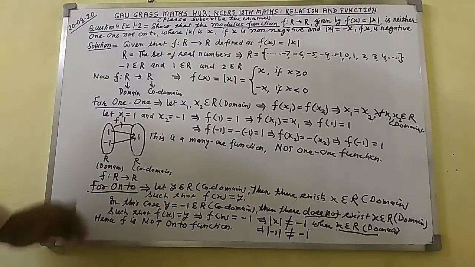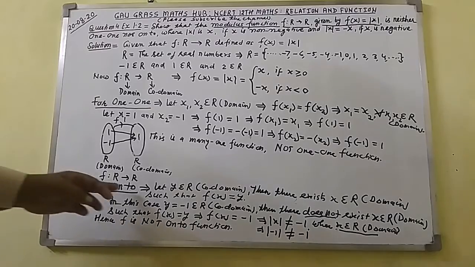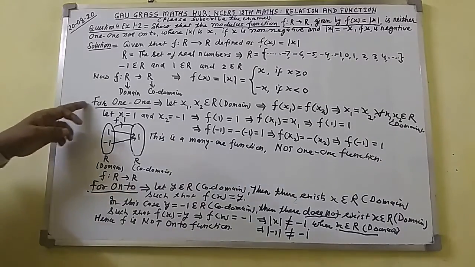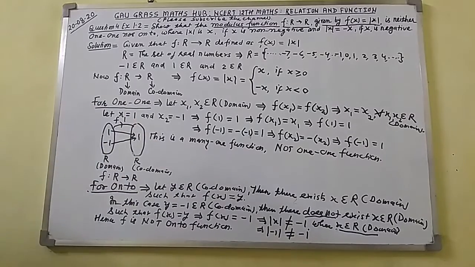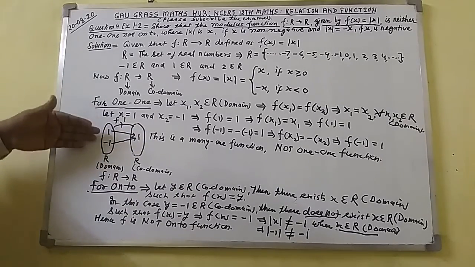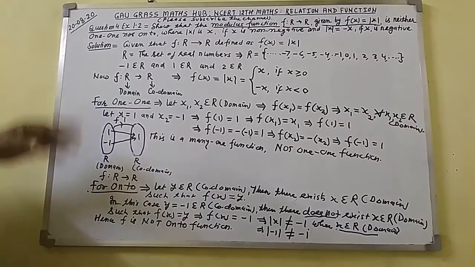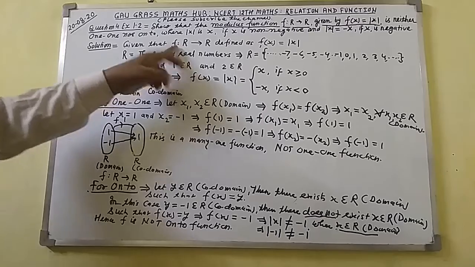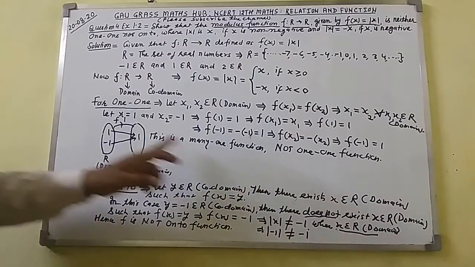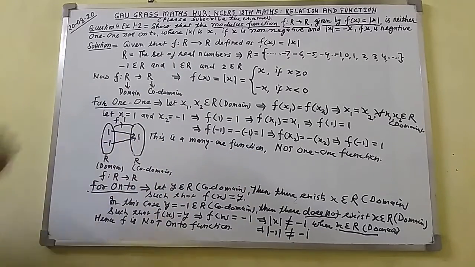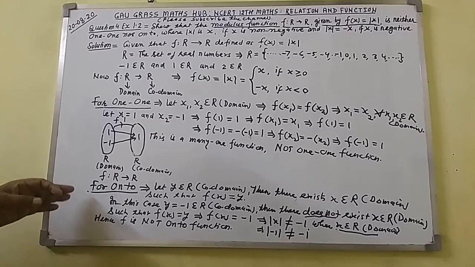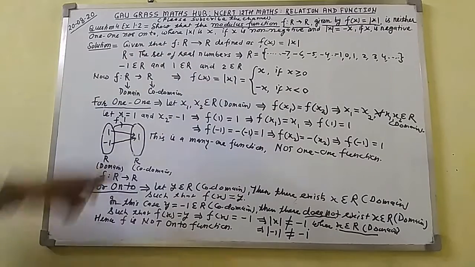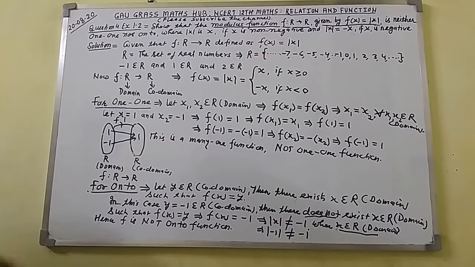So this is the statement you have to write for a function to be onto function. Here I have written for a function to be one-one. Through the example, through the concept, through the theory, I have proved that this function is not one-one. This function is many-one. You can see in the diagram. And with the concept I have proved this function is not onto function.